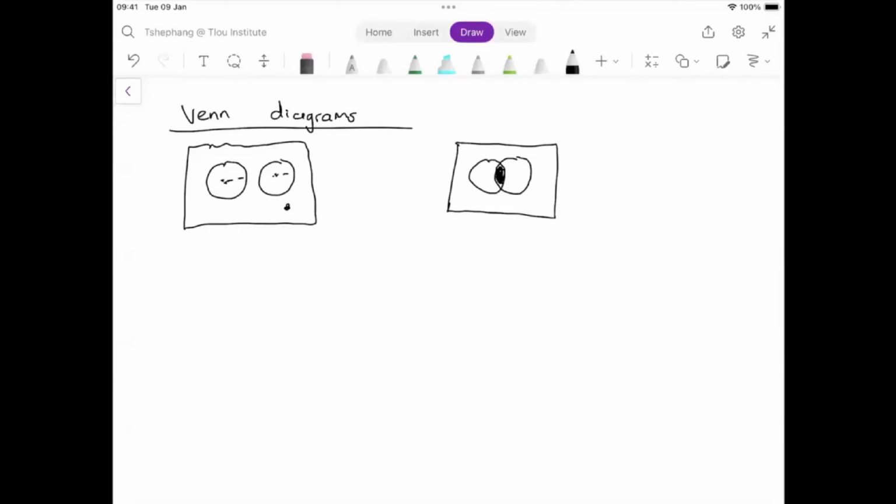Okay, now let's make it practical. I want to make use of a three-way Venn diagram. So a three-way Venn diagram, maybe it looks something like this. Let's make it a little bit bigger so that we can clearly see.